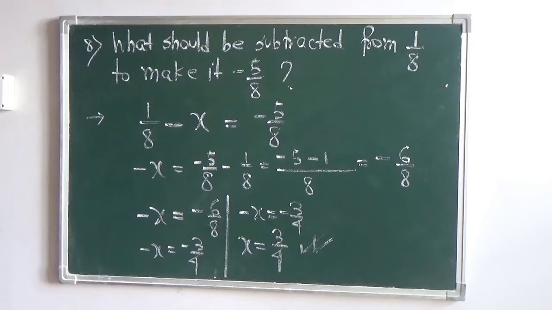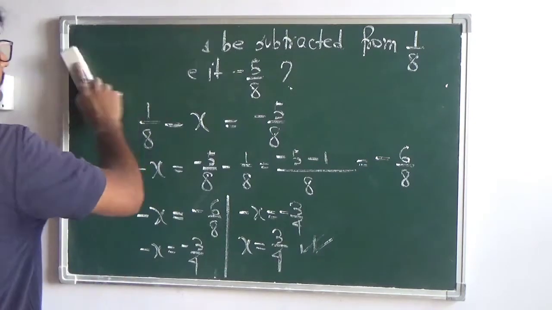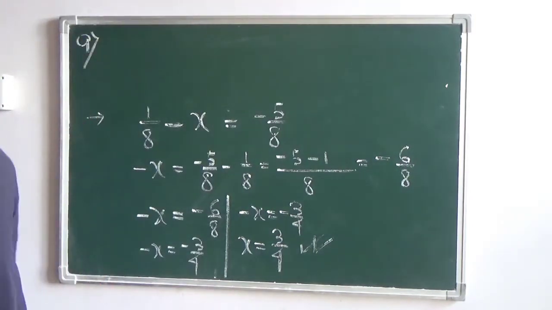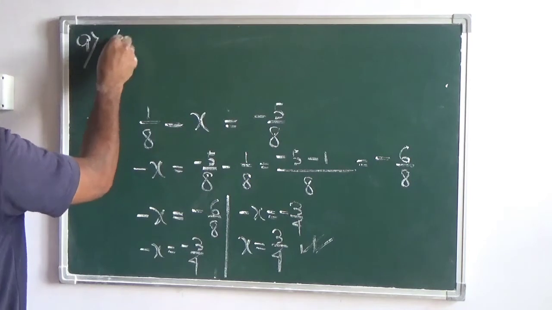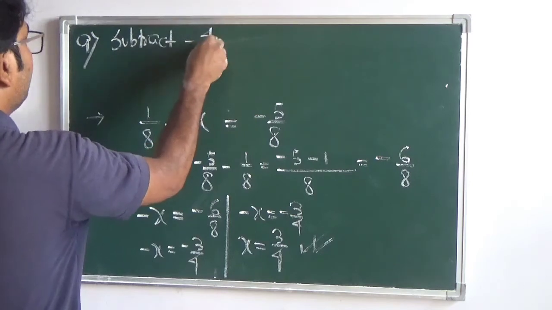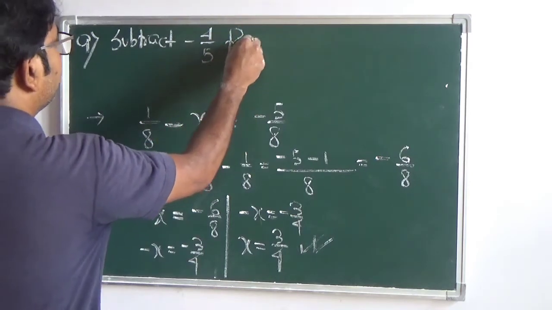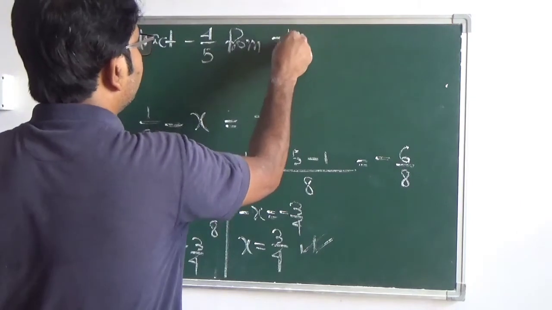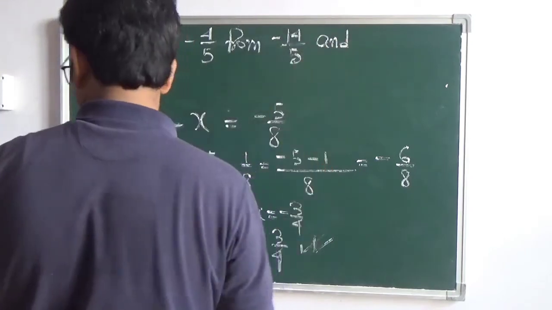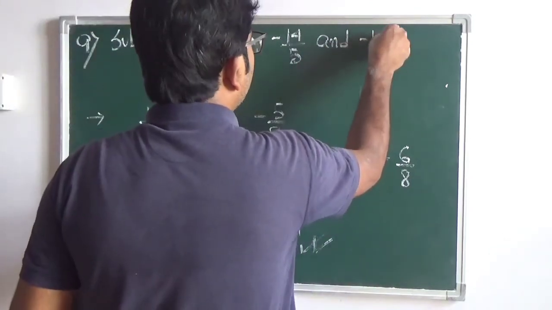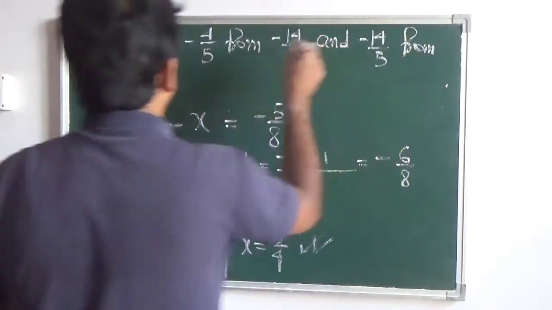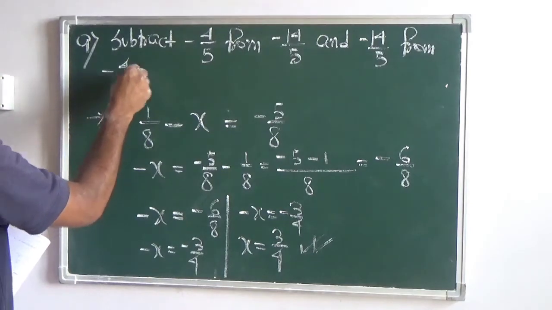So our next question, number 9. Subtract minus 4 by 5 from minus 14 by 5, and minus 14 by 5 from minus 4 by 5.